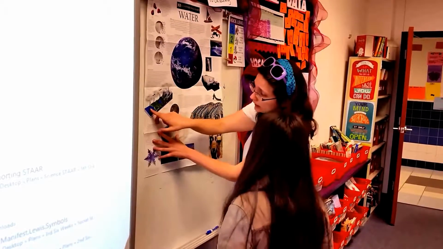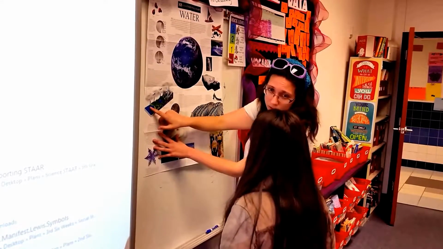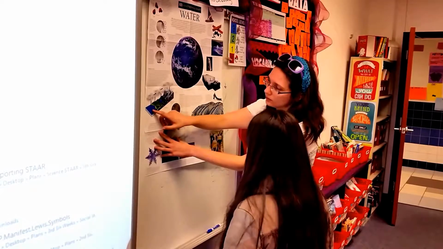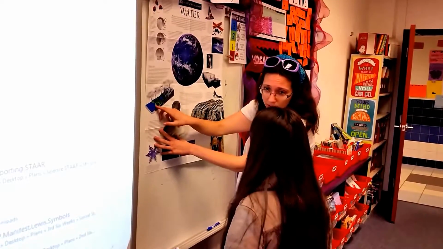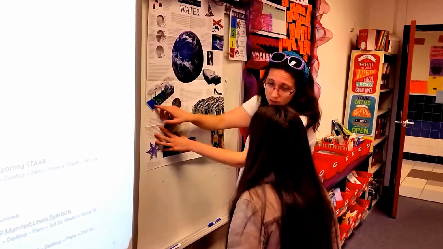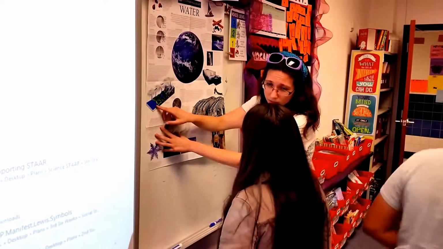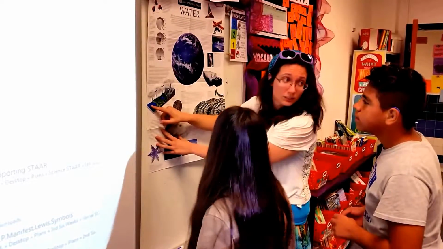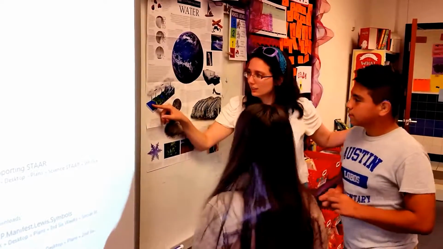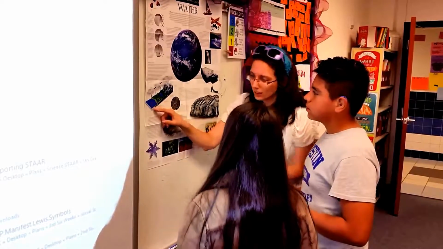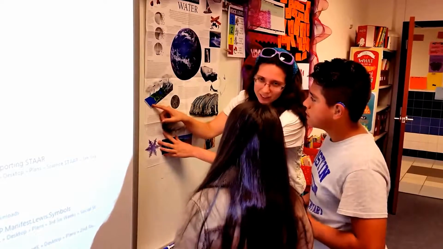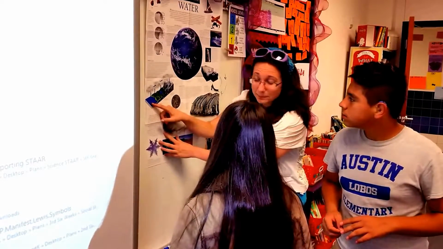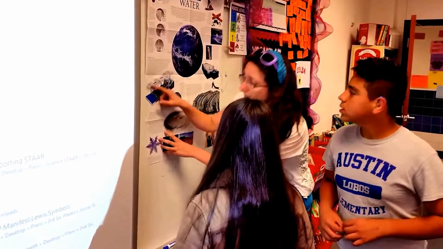It's that energy that causes the water to go from what state of matter? What state of matter is the water here? Evaporation, that's the step, that's the process that's happening.